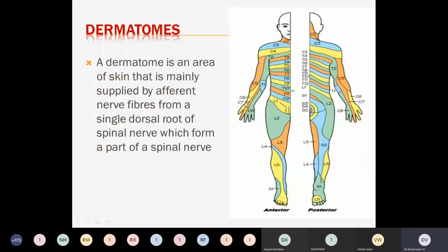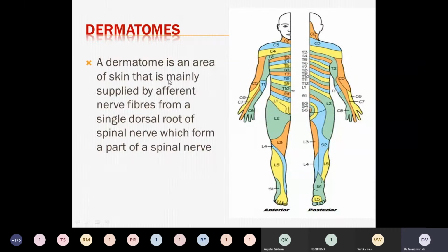And if you take the forearm, you can see C6, C7, C8. This entire area, the yellow color, is supplied by C6. So any loss of sensation, let it be pain or temperature or simply touch, indicates the lesion is at the C6 level of the spinal cord.